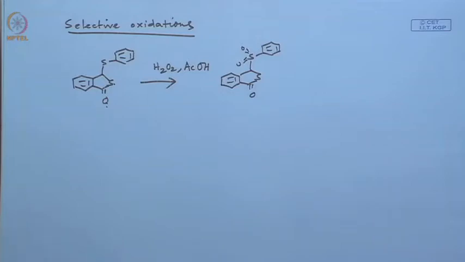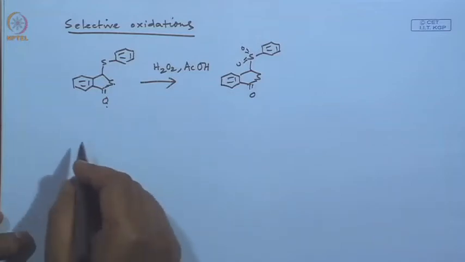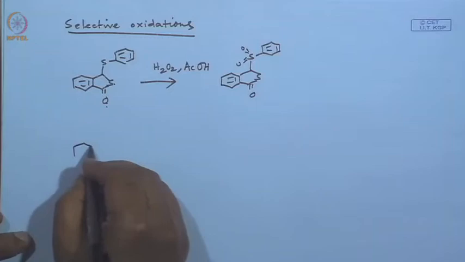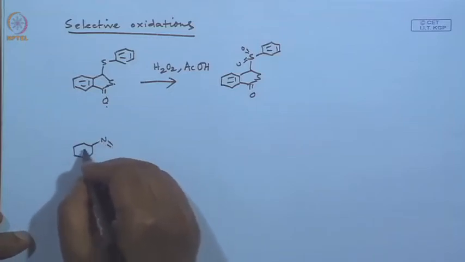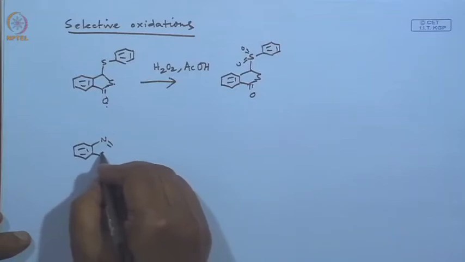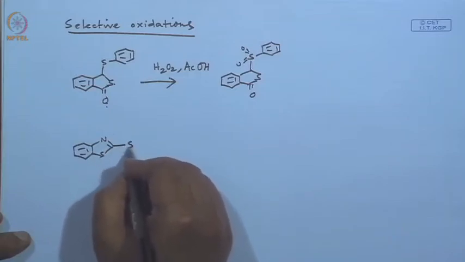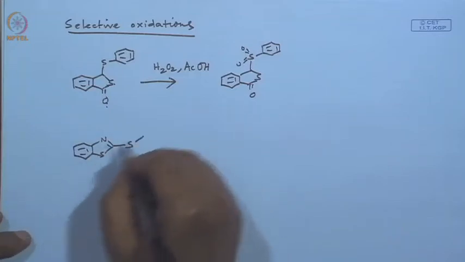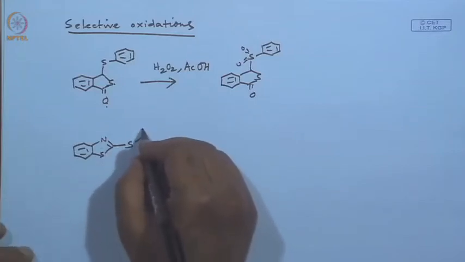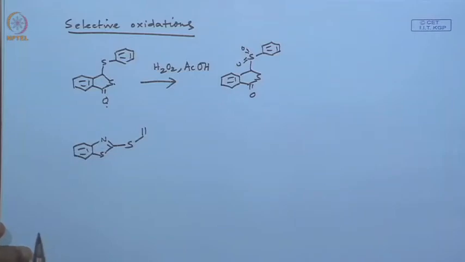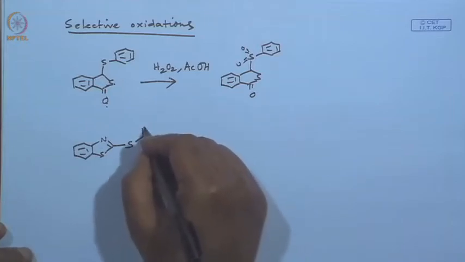Let me give you one more example. This is a little complicated, but you don't have to write or memorize it. Just get the point here. This is a benzothiazole, then you have a sulfur up here. Sorry, this is not a double bond, it is a single bond.